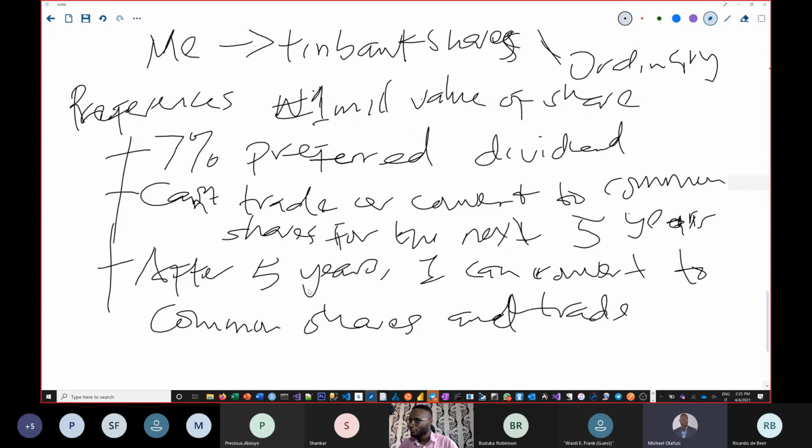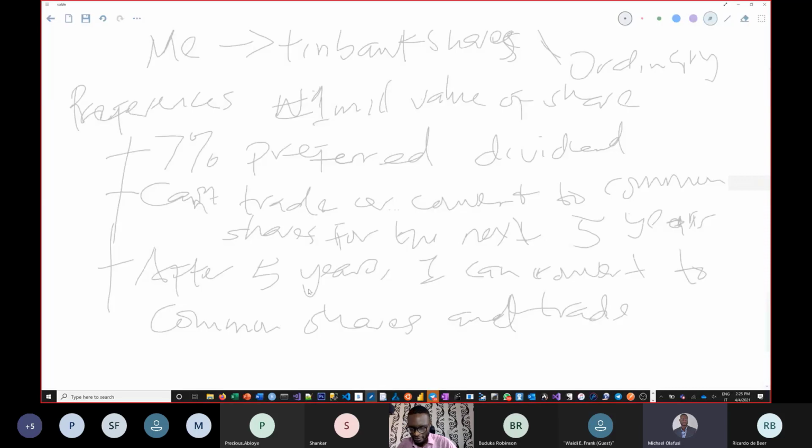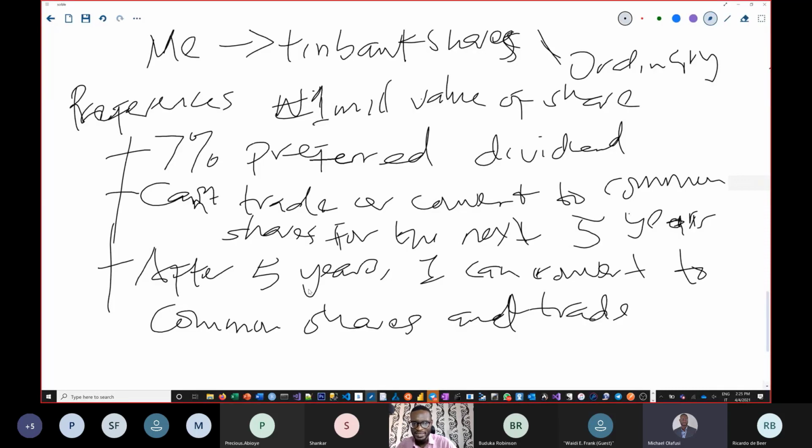So that is one thing about preference shares. Preference shares are almost like a hybrid. It's like you want to enjoy both worlds. You want to benefit as a normal equity investor, and you also want some guarantees, like a bank lending the business money.